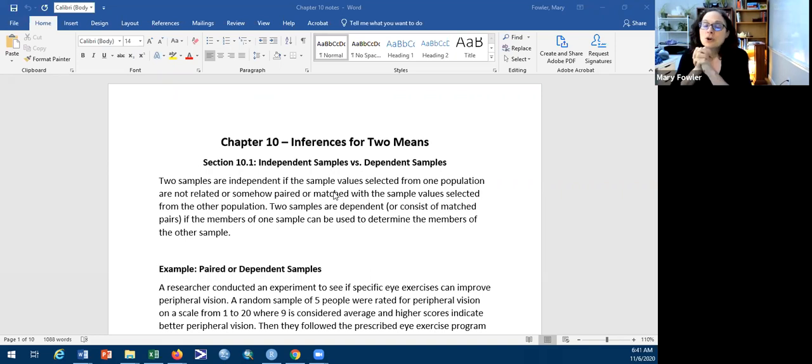So those 2 samples depend on each other. Those are called dependent samples.